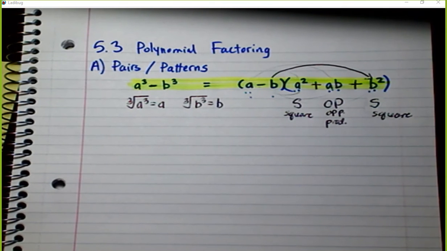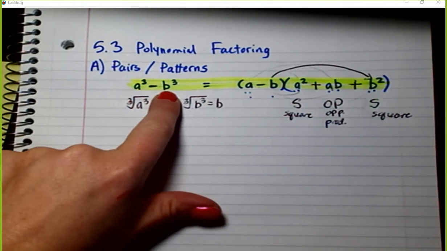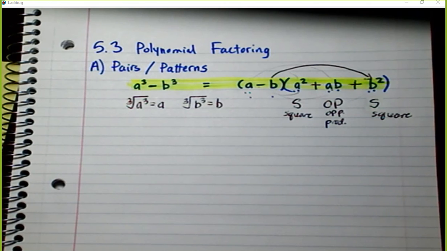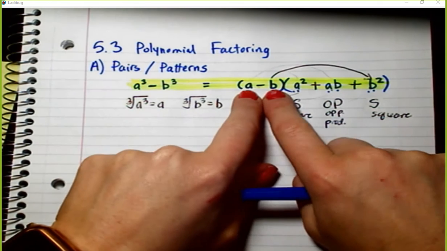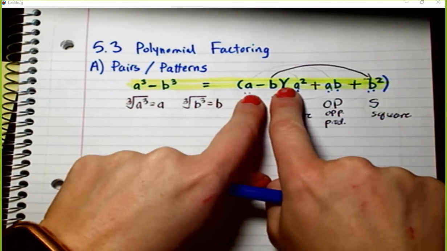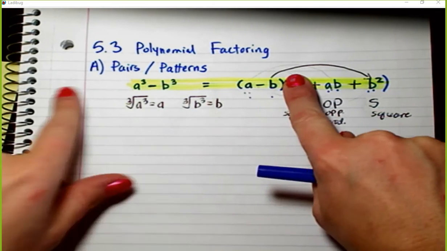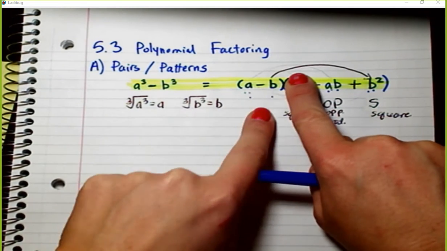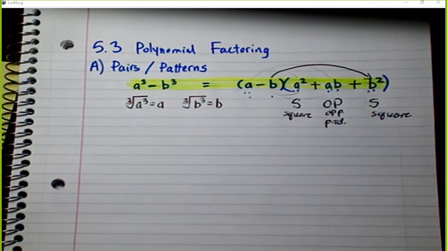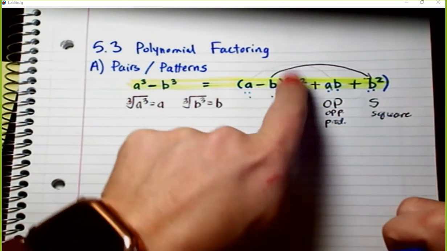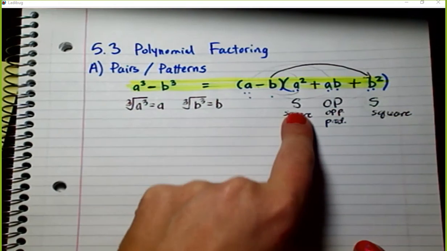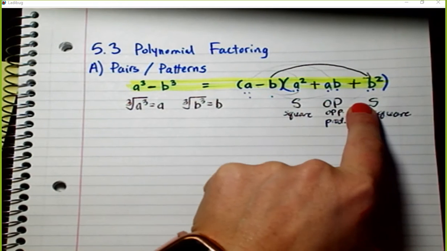So here we go. A cubed and b cubed. Ding, ding, ding. They're perfect cubes. I'm going to start with the a and the b, and it's going to be the same sign. Okay, so you've got to get this first factor. Step 2, fill in the big one. Okay, A times A squared, opposite product.